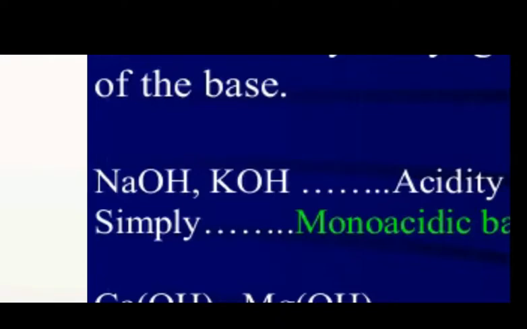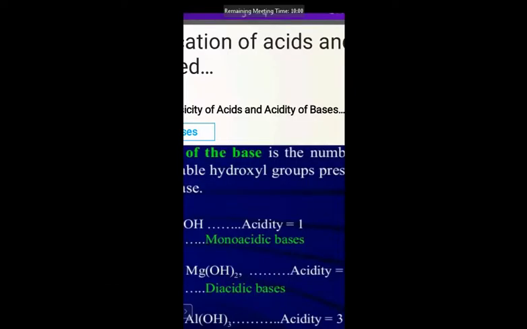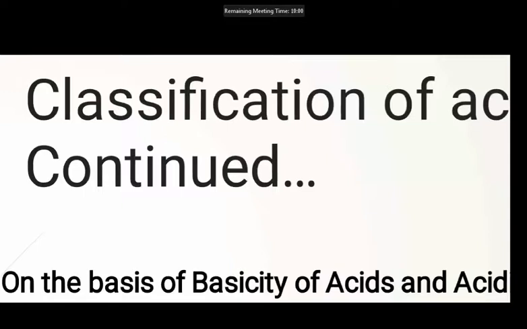Clear? Now the next one, diacidic base. A diacidic base consists of how many hydroxyl ions? Two hydroxyl ions.